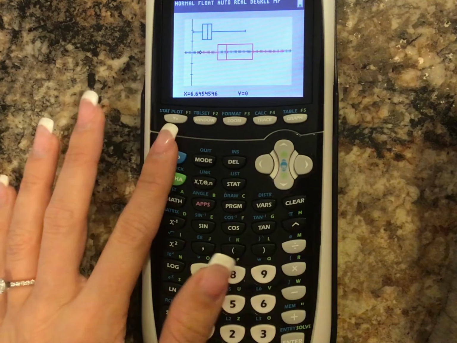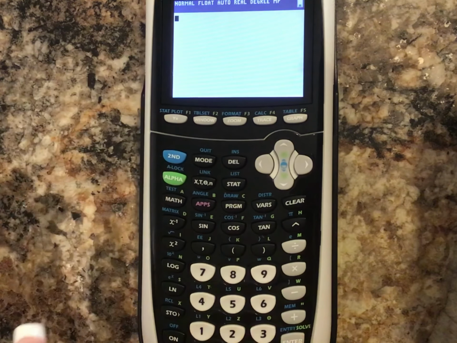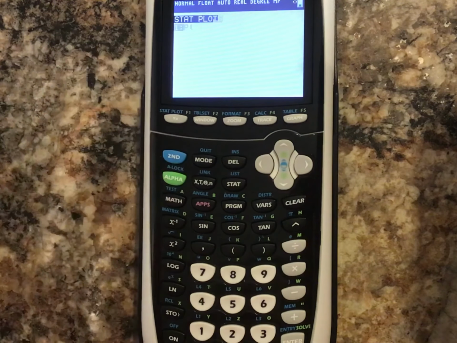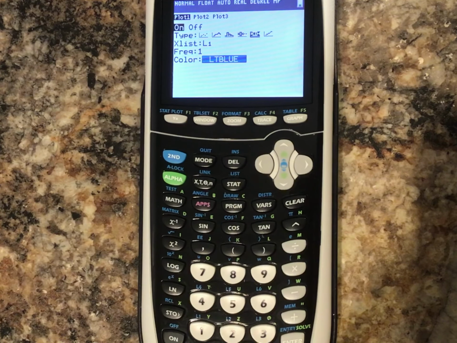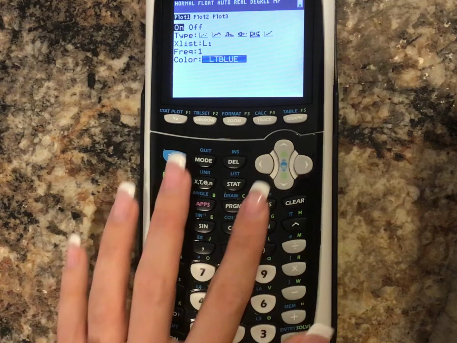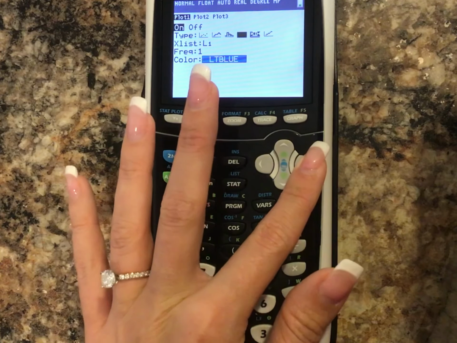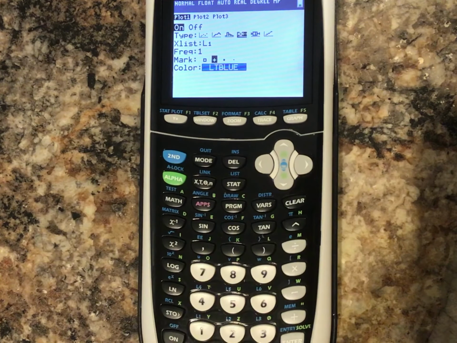Let's go back. I'm going to quit out of that and I'm going to go back into stat plot again. And this time I'm going to do a modified box plot. So this time I want it to show me the outliers and leave that box and the whiskers just for the data that is kind of characteristic of the rest of the data.